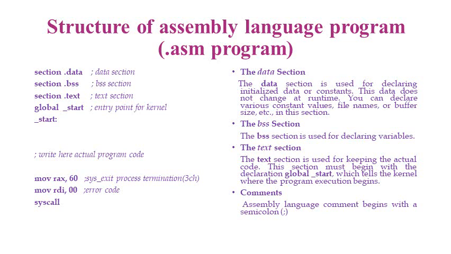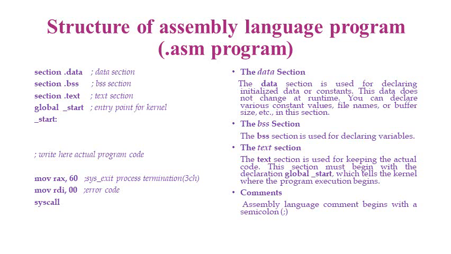Now see in syntax, after section .text, there are two compulsory lines, that is global _start and _start colon. From these two lines, the kernel can understand that program execution will start.